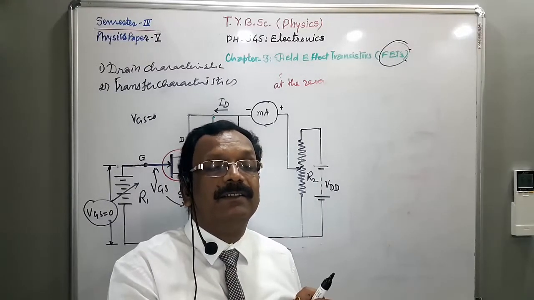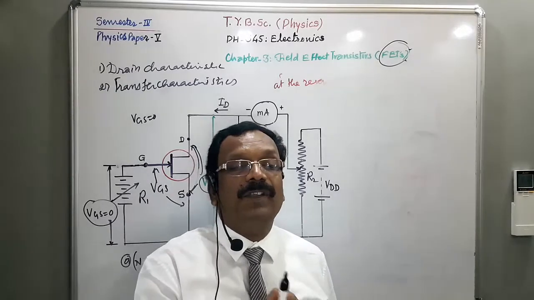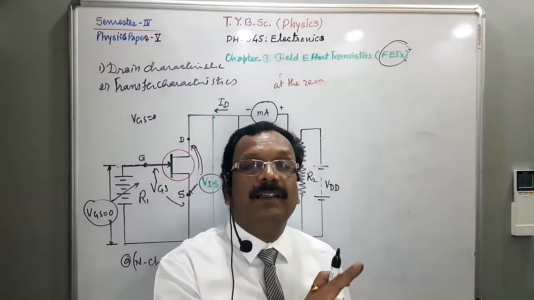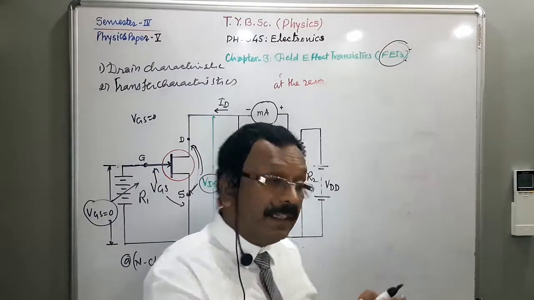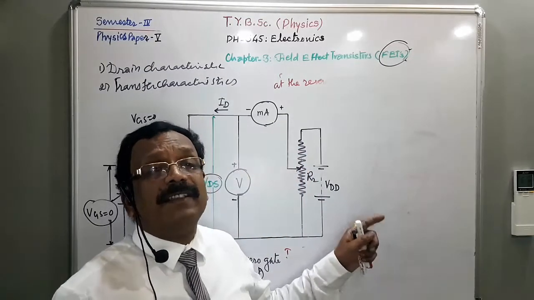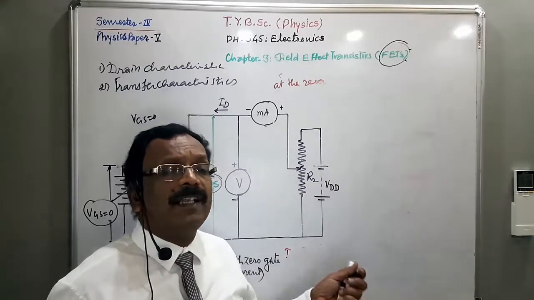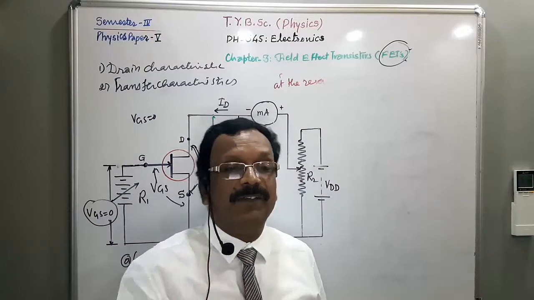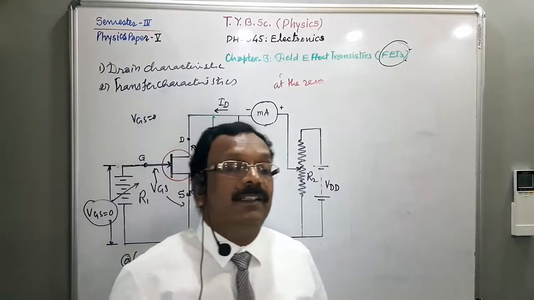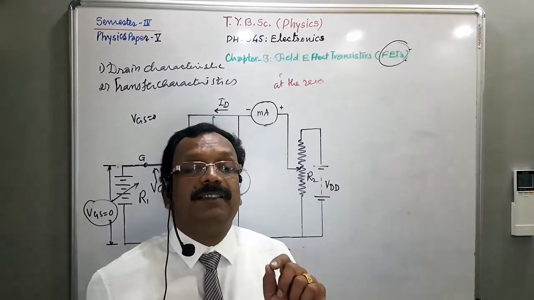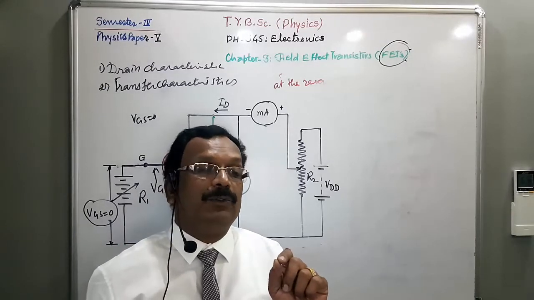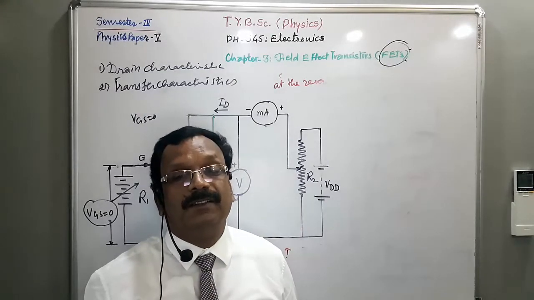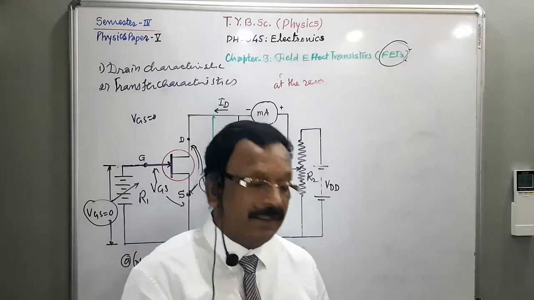The drain characteristics are the curves which give the relationship between drain current and VDS at constant VGS. Transfer characteristics are exactly the opposite: they give the relation between ID and VGS at constant VDS. That means the relationship between drain current and gate to source voltage VGS for constant drain voltage VDS is known as transfer characteristics.